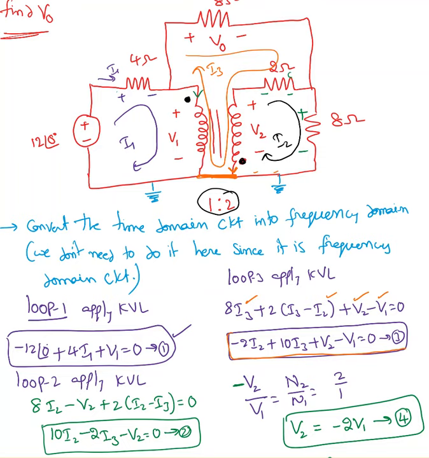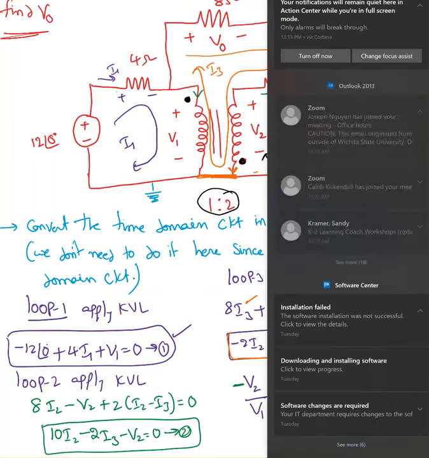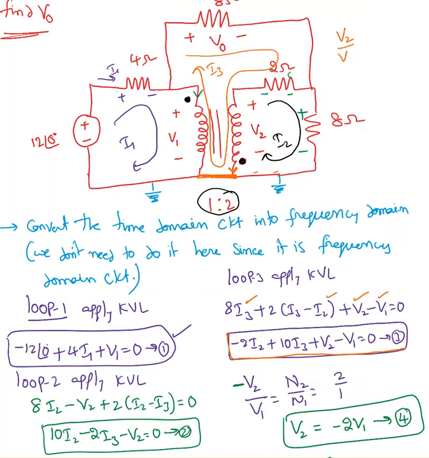So based on the current direction, based on the transformer ratio, we know that V2 over V1 equal to N2 over N1. Okay, now because of the dots, we need to find out whether that transformer ratio is positive or negative.